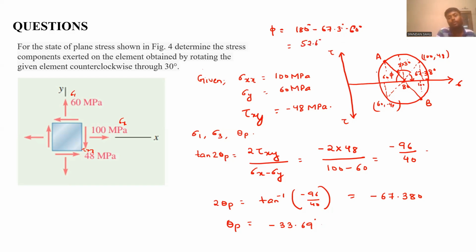This angle is 52.60. Now, what else can we write? Just see the diagram and tell me if anything else can be written. Just focus on the diagram and please tell me. I am also stuck. Let us see if we can write the equations or not.